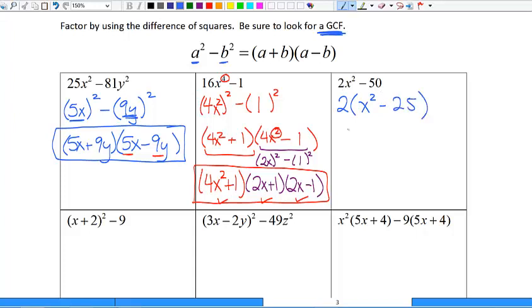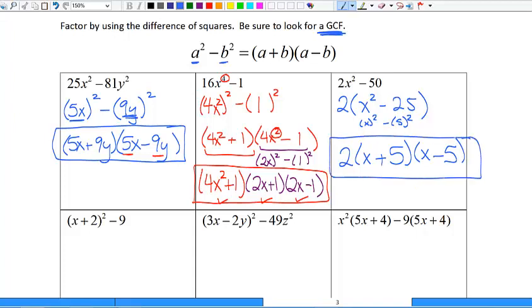And x squared minus 25, that is a difference of squares. That's x being squared on the first term, and 5 being squared on the second term. So that leaves me with x's in both fronts of the parentheses, 5 in both backs of the parentheses, with one sign positive and one sign negative, and that is completely factored.